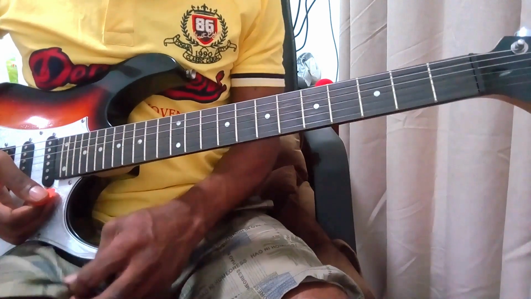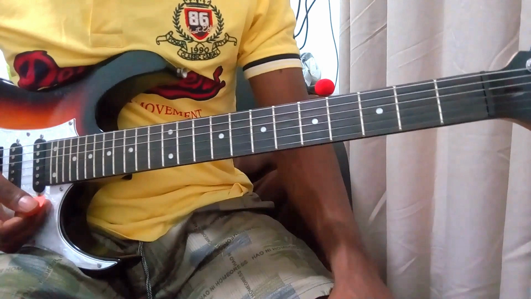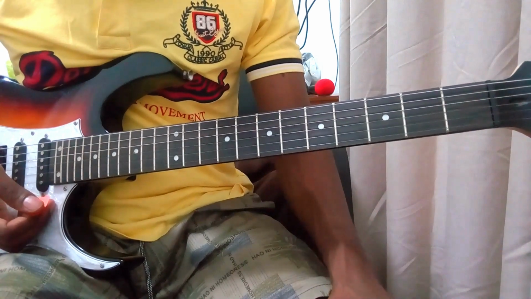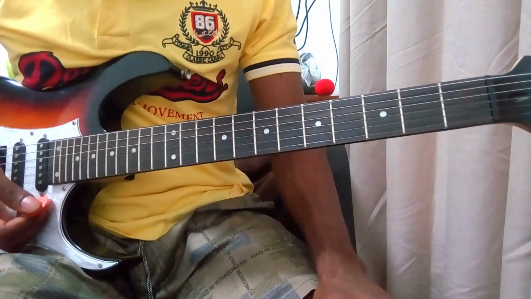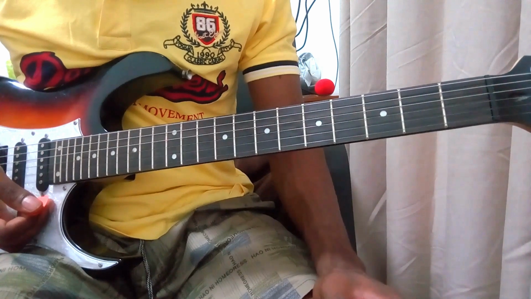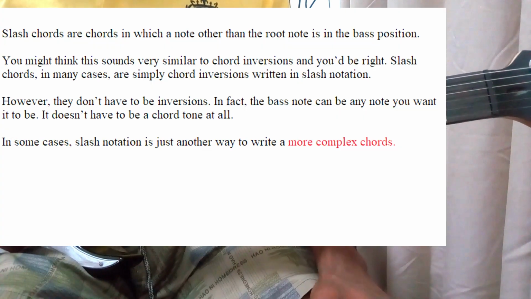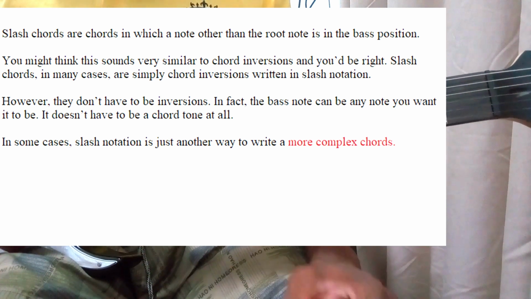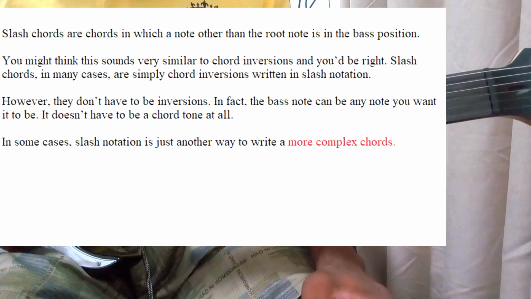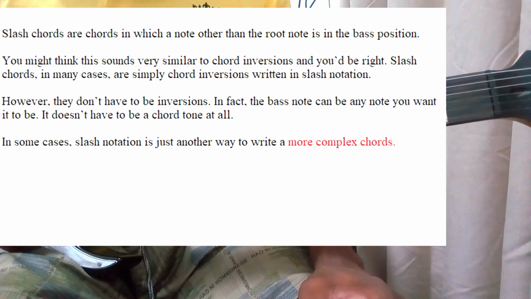What I'm saying is we have something called compound chords or slash chords. So what are compound chords or slash chords? They are chords which have their roots or the bass notes not being the tonic of the chord.